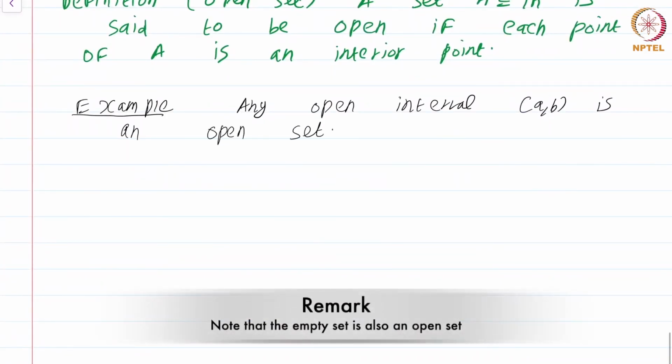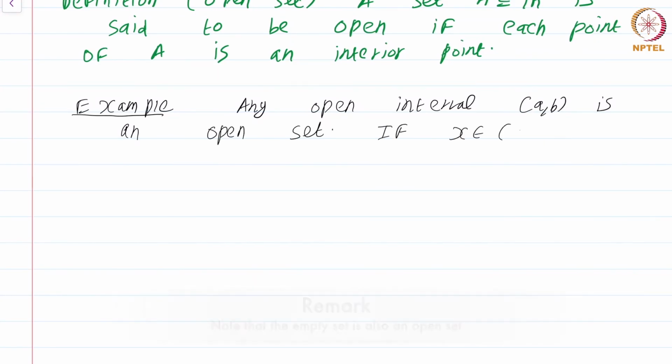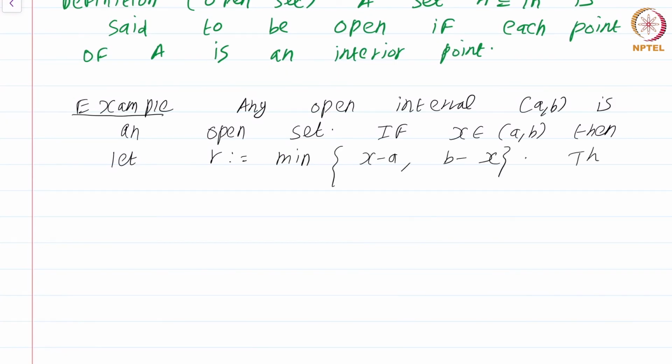Well, how do you show this? Well, it's rather easy. If x is in (a, b), then let r by definition be the minimum of x minus a, comma, b minus x. Okay, then B(x, r) is a subset of (a, b).